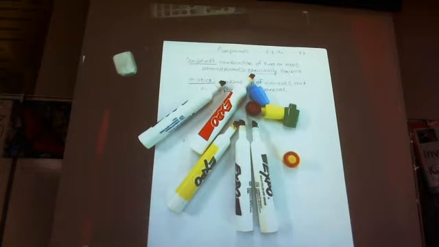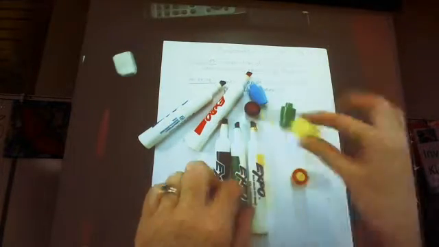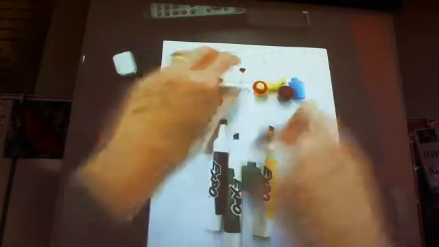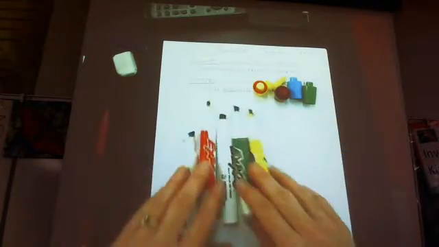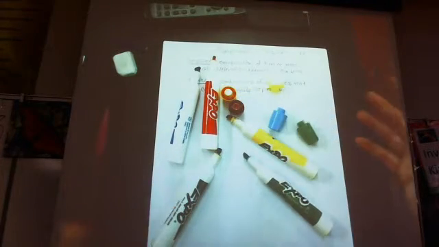Now, do I have a compound? Or do I have a mixture? Mixture. It's basic because I can separate. I can separate them into yellows, separate them into greens. I can separate them into lids and pens. I can do all sorts of things, physically moving them around, right? I could do that.